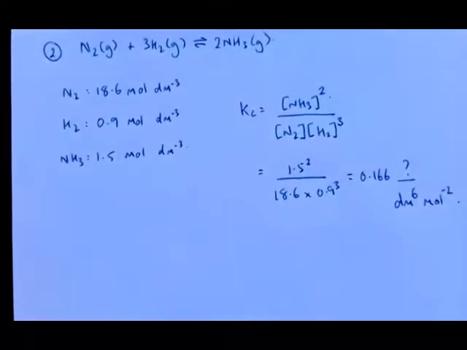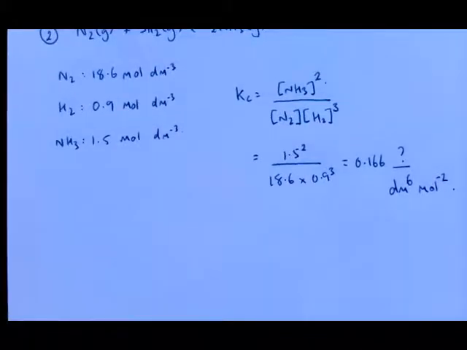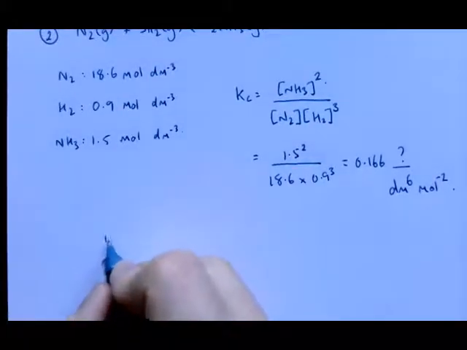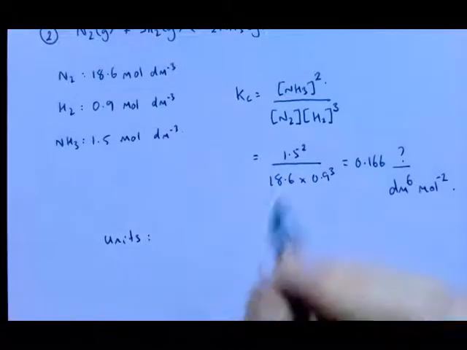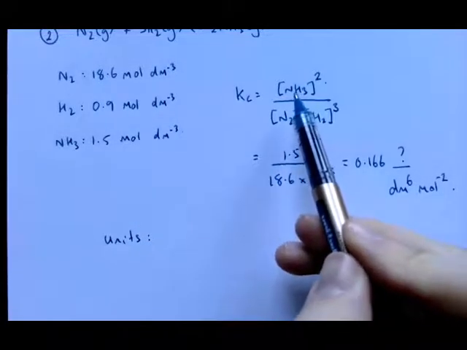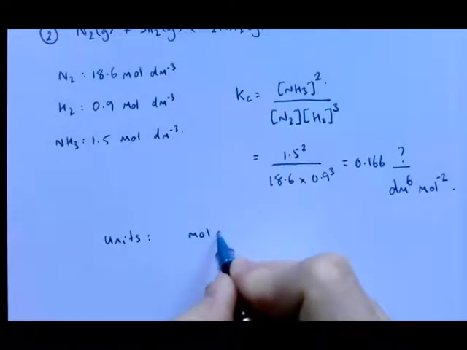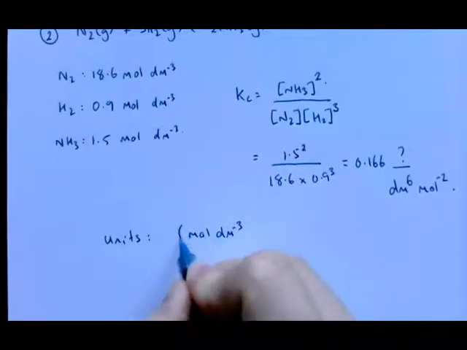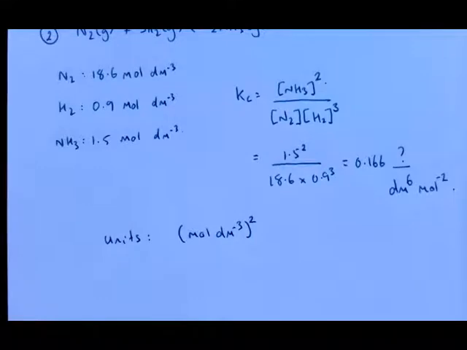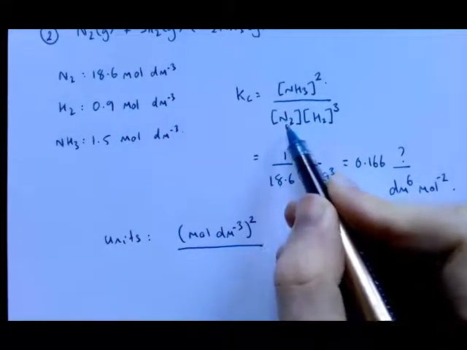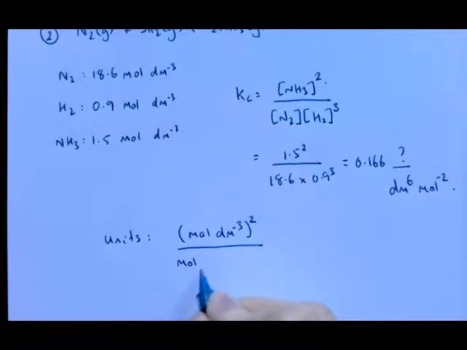Well, we just do the exact same analysis as we did before. So the units of concentration for this are moles per decimeter cubed. So it's going to be moles per decimeter cubed squared, divided by, well, the concentration of nitrogen is in moles per decimeter cubed.